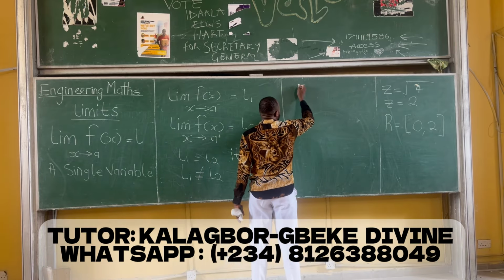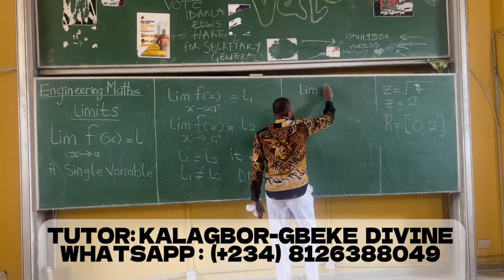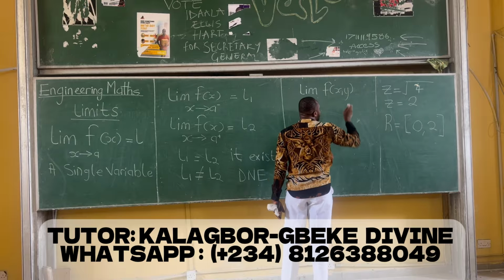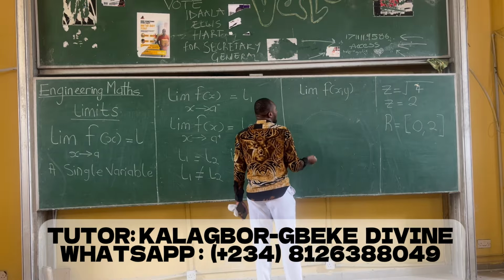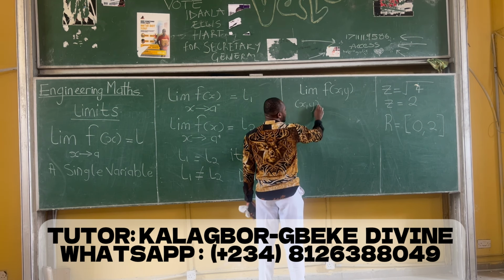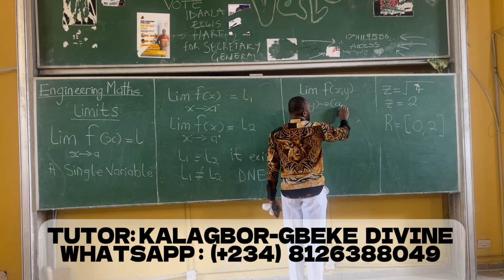So if we say we should check the limit of a function f of x comma y, that's this multiple variable, where x comma y is approaching a comma b.